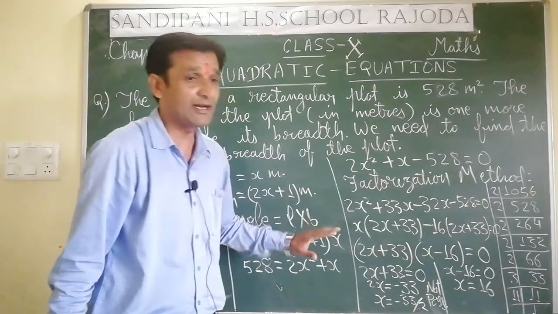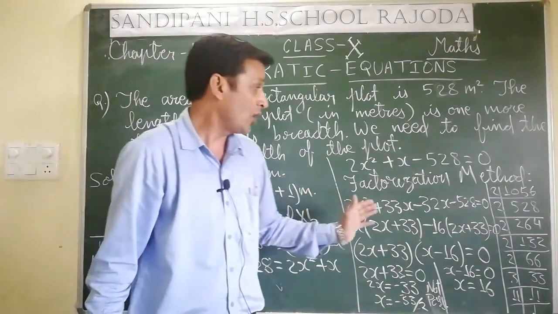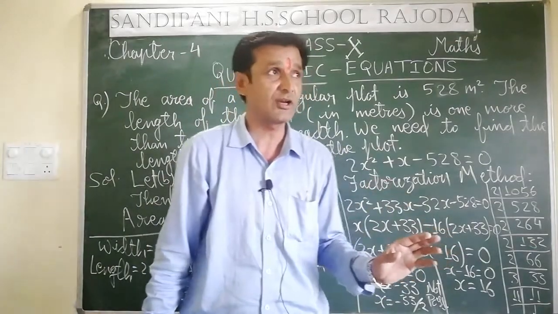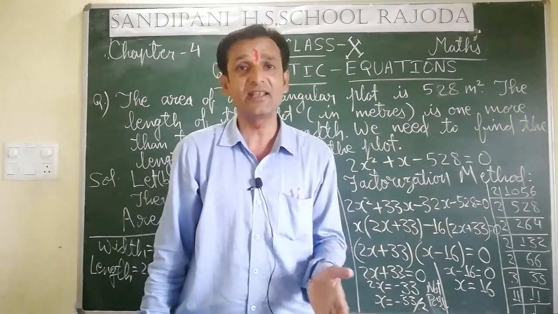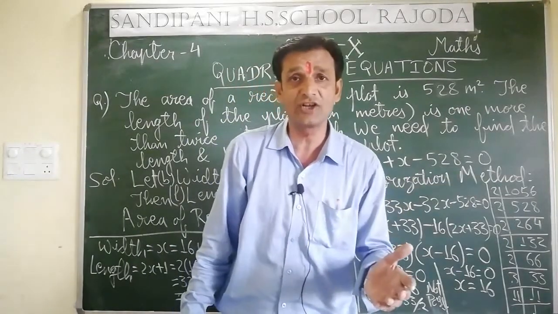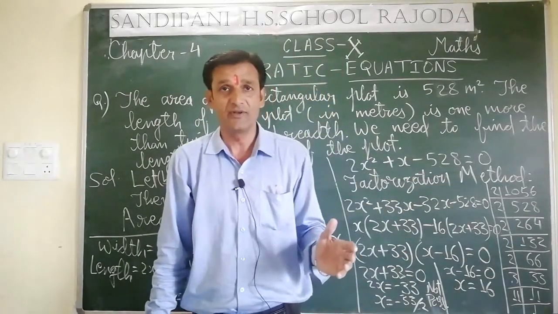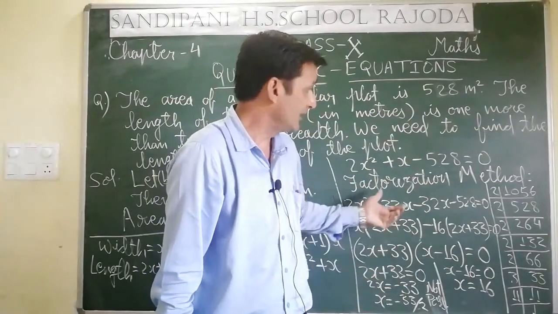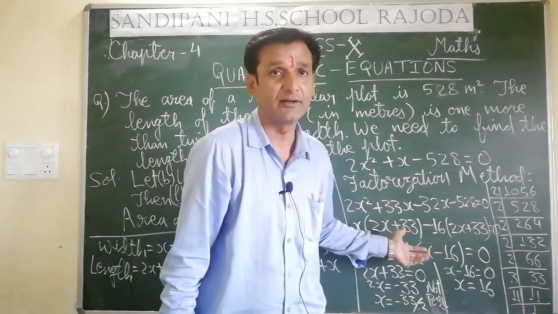So this is one method I have explained to you. Now the remaining two methods related to the quadratic equation are also there. One method is completing the square and another is the formula method, which is called Sridharacharya's formula, from an Indian mathematician. But up till now, it is only the factorization method.